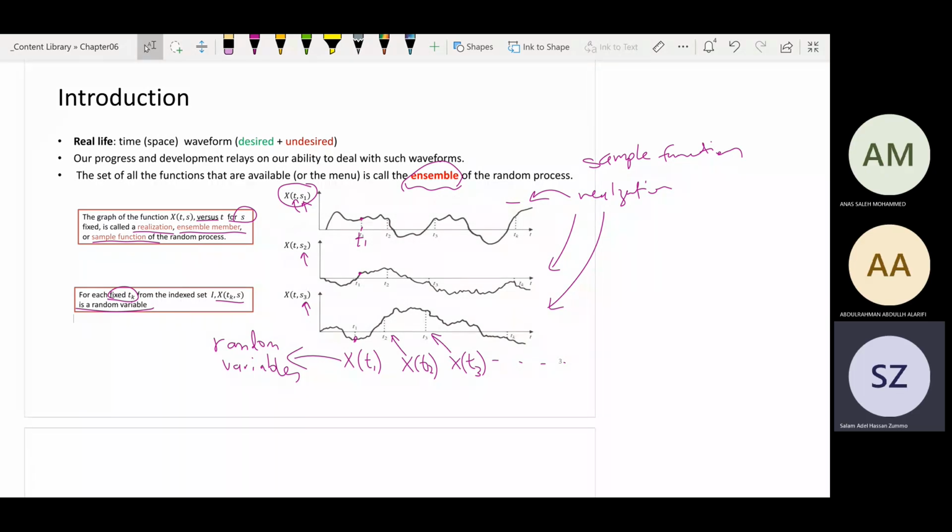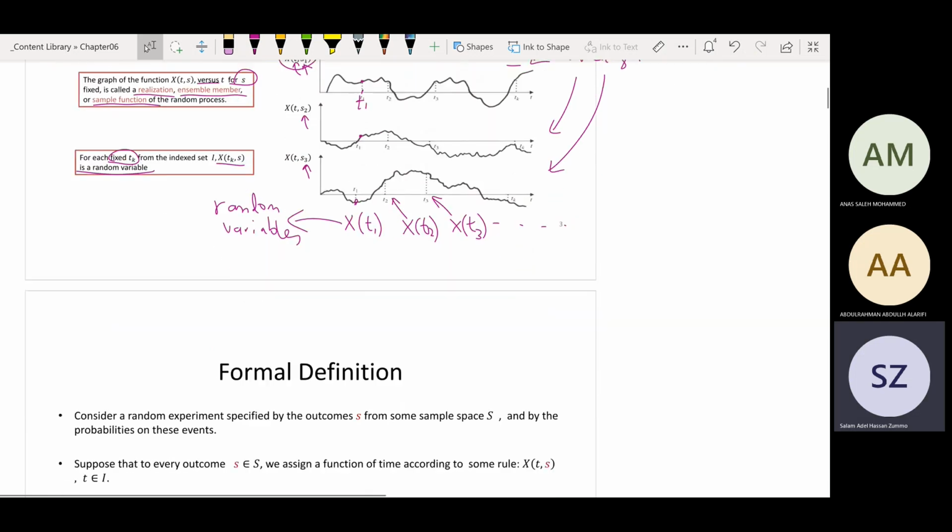If you don't get the random process, you will not be able to analyze and design your systems under random conditions. In real life, you have something desired that you know, like the cosine wave, and you get an undesired signal, which is the noise. Or you get the signal with a random amplitude because it gets reflected from some place. Are you clear?